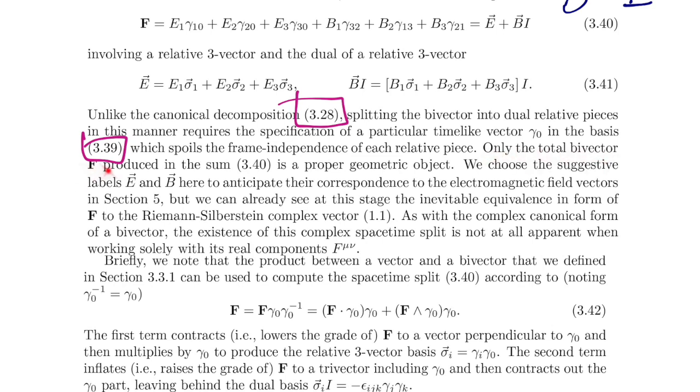Only the total bivector F produced in the sum is a proper geometric object. Right? So when you unravel F into this form, and you put this whole thing together as one bundle and you call it F, well, F is the proper geometric object.